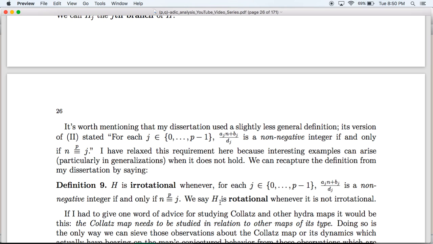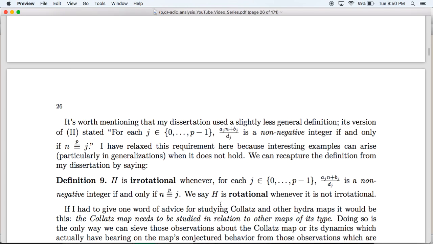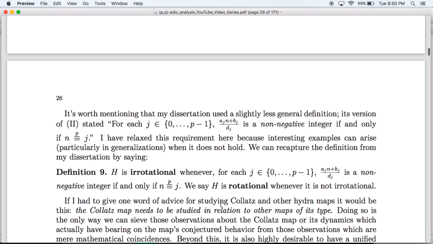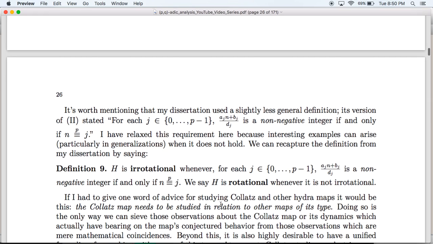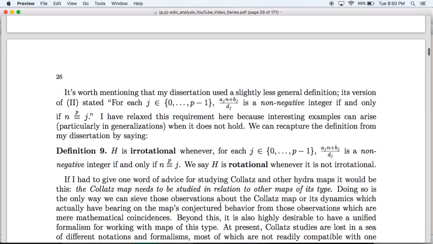Collatz-type maps need to be studied in relation to other maps of their type. So the Collatz map needs to be studied in relation to other maps of its type. Doing so is the only way we can figure out whether our observations of the Collatz map and its dynamics are actually significant and have bearing on the map's conjectured behavior, or if they're just mathematical coincidences.